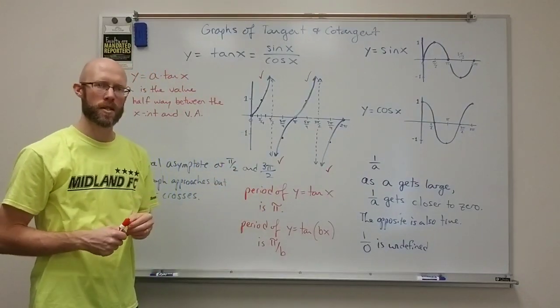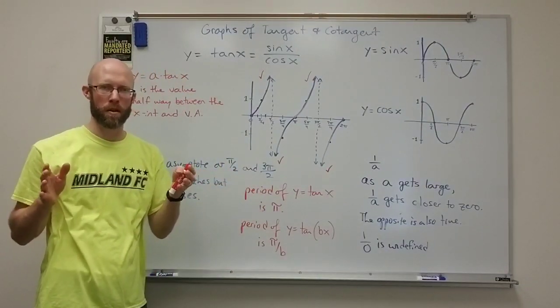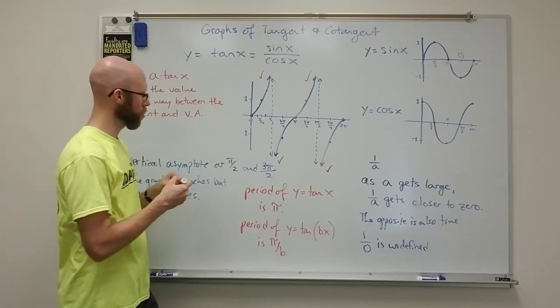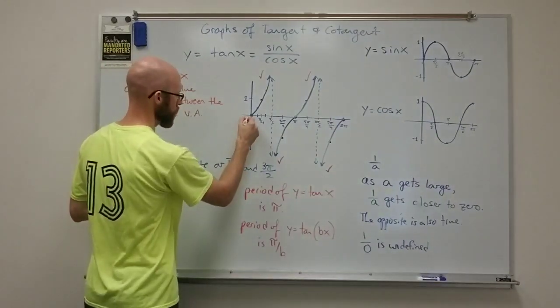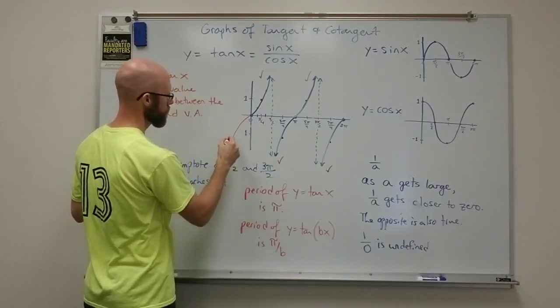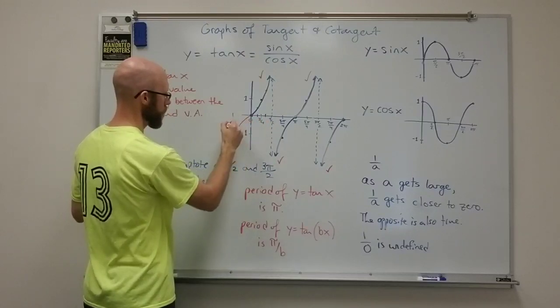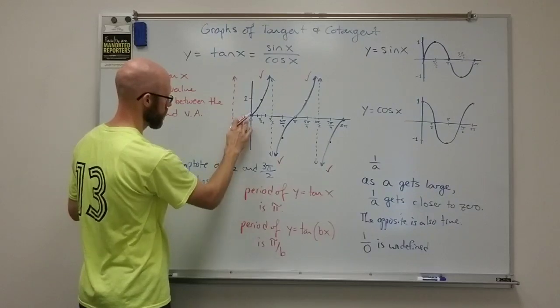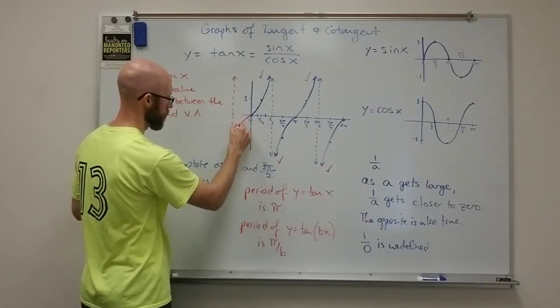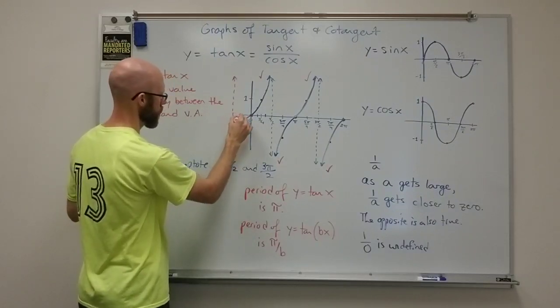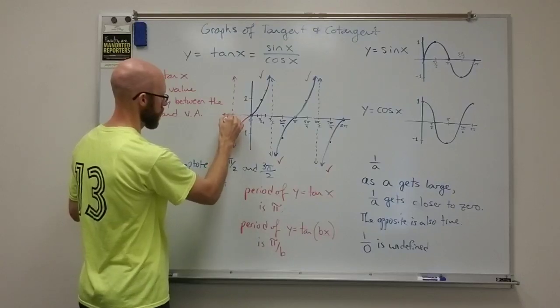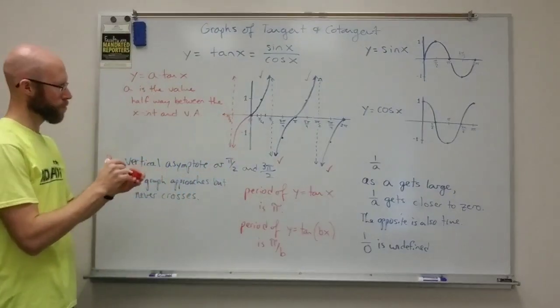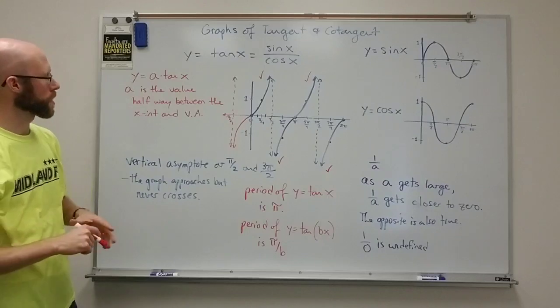What we're going to do instead is just kind of move the period that we're going to work with, and we're going to plot this out on the left side. There is a mirror image on the left, and there's an asymptote at negative pi over 2, okay?